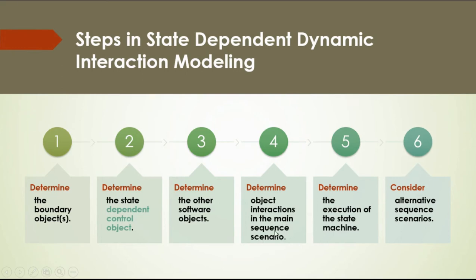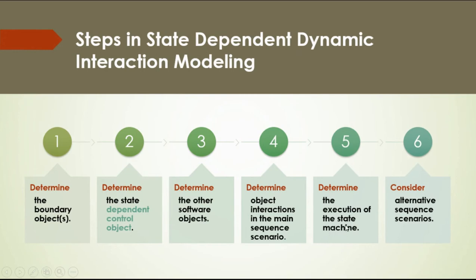Okay, in your use case, you have the main sequence. So now, based on this main sequence, we develop the interaction between them, the interaction model. After that, we develop the execution state machine or execution state chart.